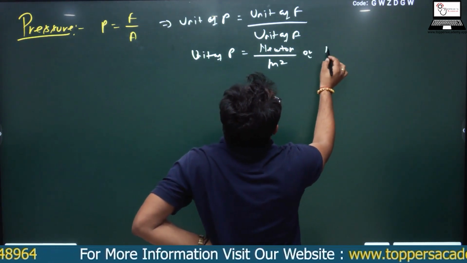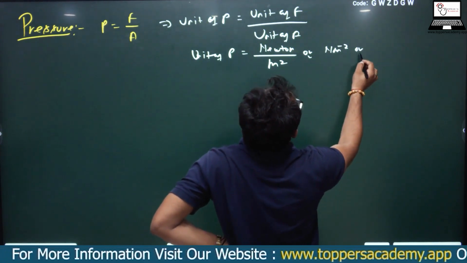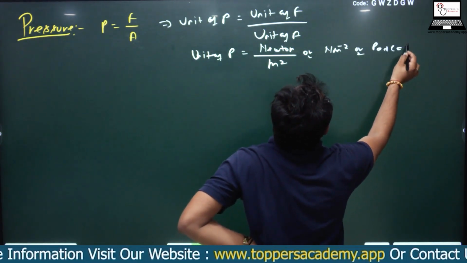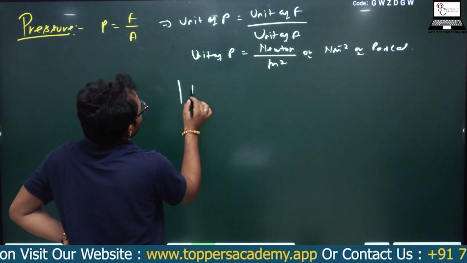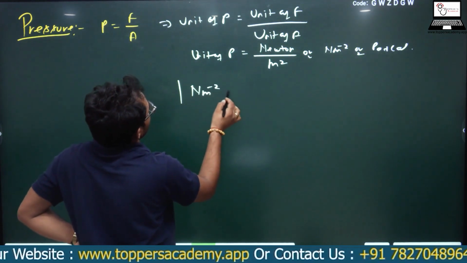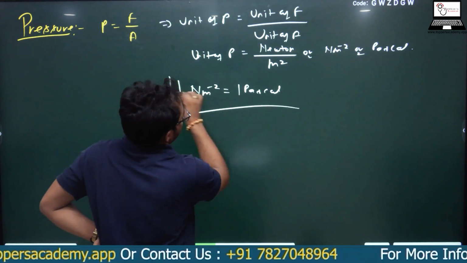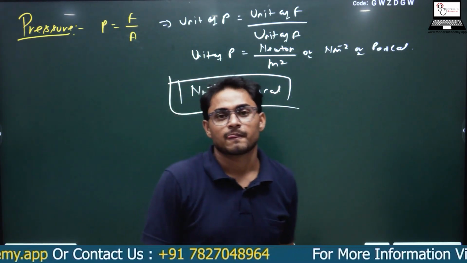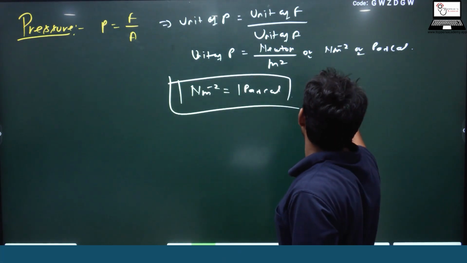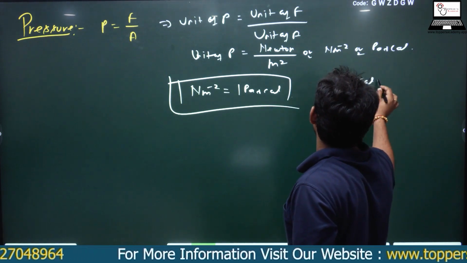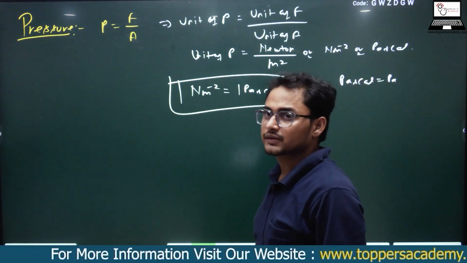So Newton meter to power minus 2 or Pascal. Pascal is the name of a scientist. So 1 Newton per meter square is equal to 1 Pascal. Both are same thing, right? Pascal can be written as Pa.